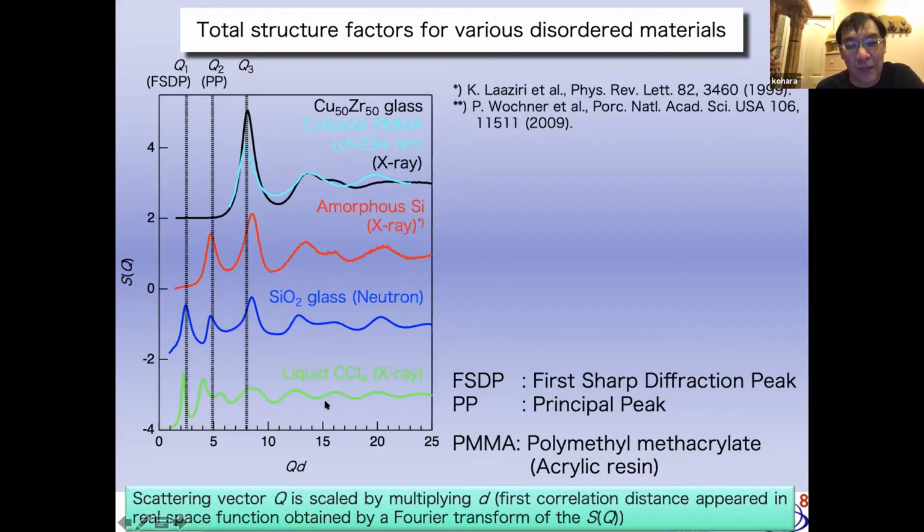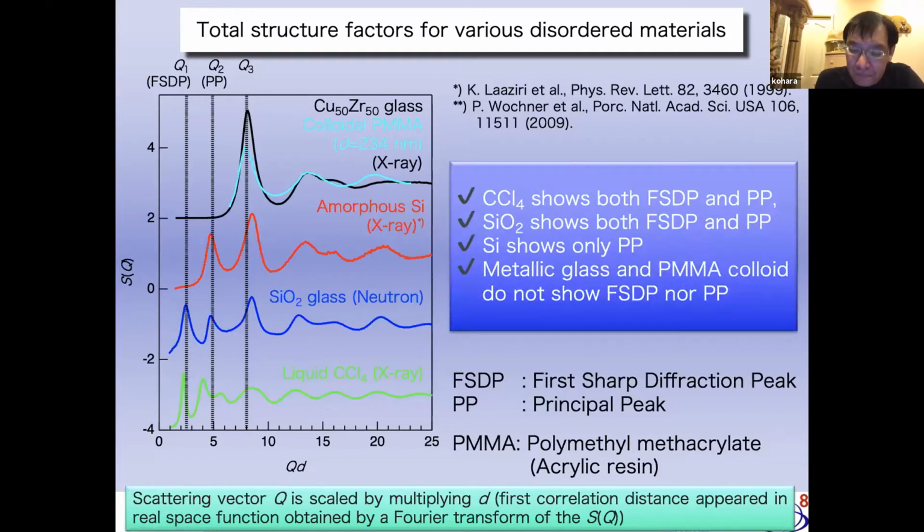And silica and carbon tetrachloride have a 3 peak structure. We also plotted colloidal PMMA. This is some sort of hard sphere, but a very big hard sphere.